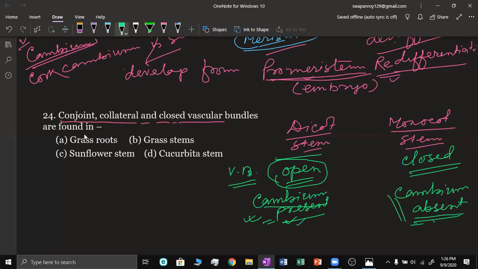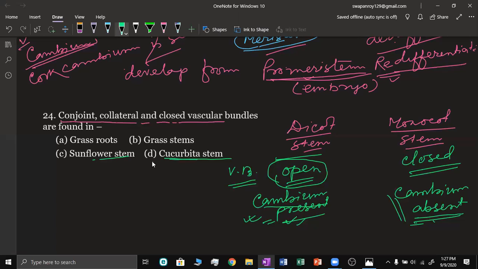So here we have the grass stem, sunflower stem, cucurbita stem. The sunflower stem and the cucurbita stem are dicot. So in these plants we don't get closed bundles.